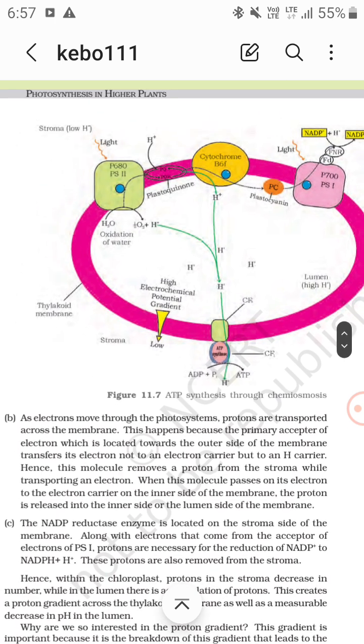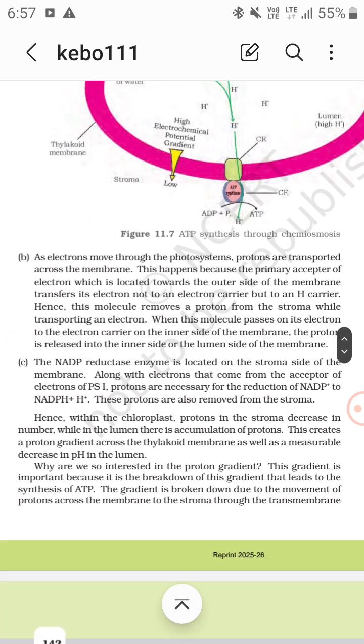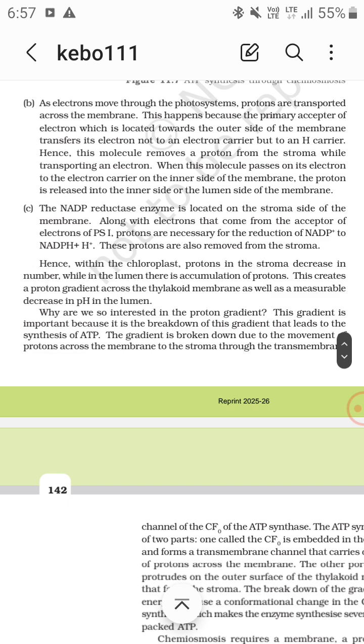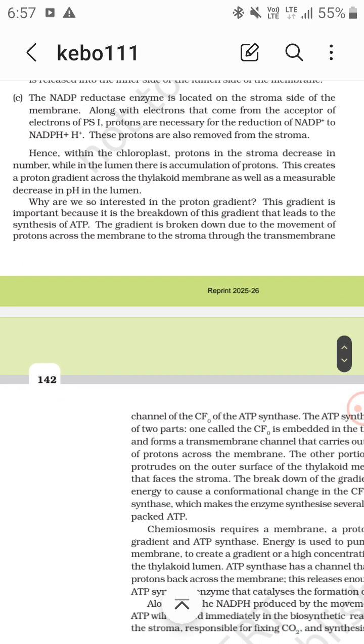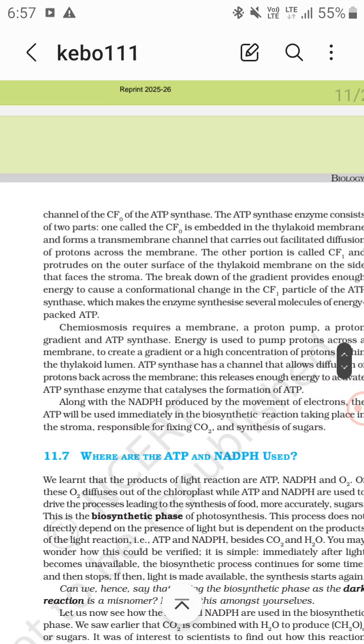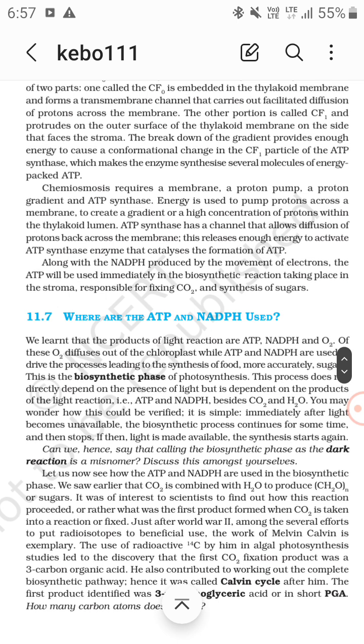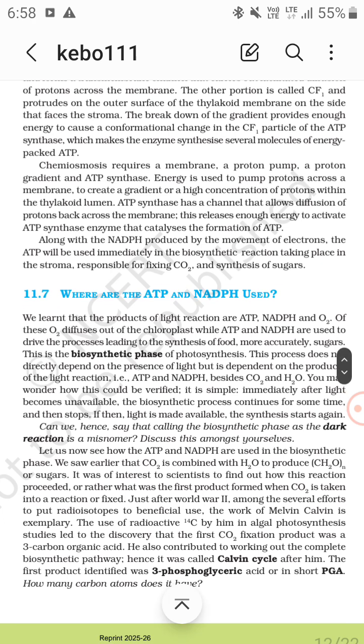As you can see, in the overall stroma side gets lesser hydrogen, and that builds up the proton gradient across them. Chemiosmosis, that is formation of the ATP, requires a membrane, that is thylakoid membrane, a proton pump, so that from the stroma side we can transfer the hydrogen ion into the lumen to maintain the proton gradient, then proton gradient and ATP synthesis.